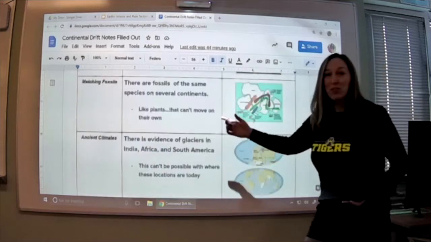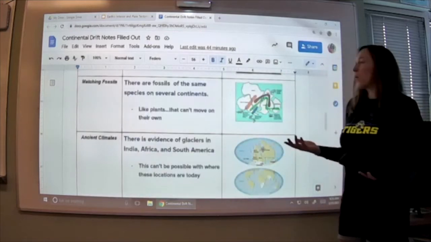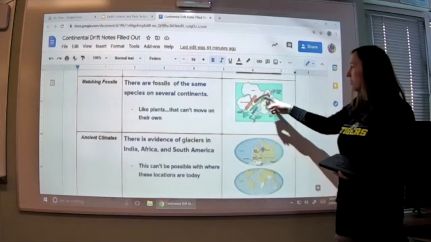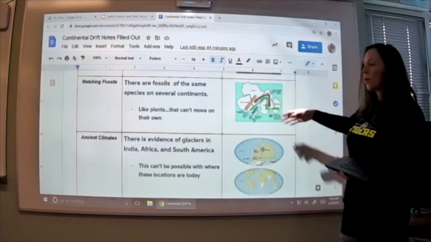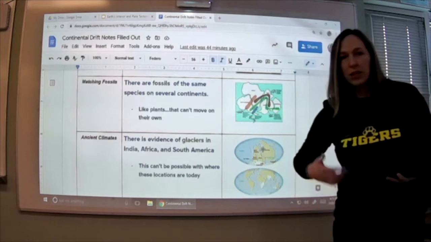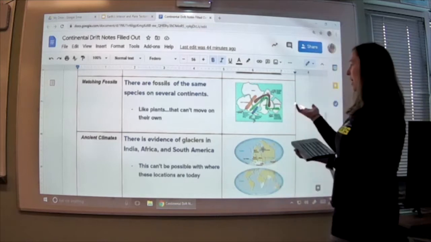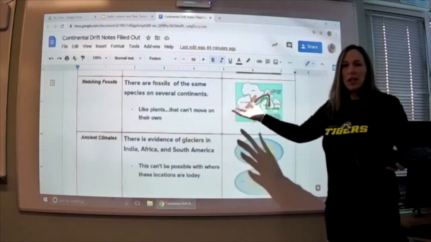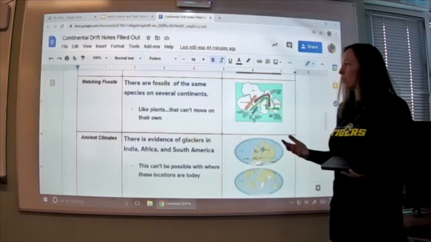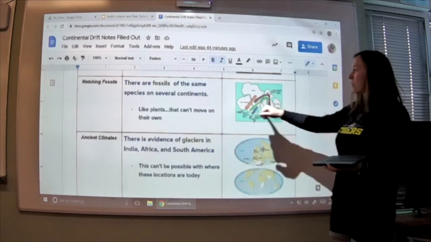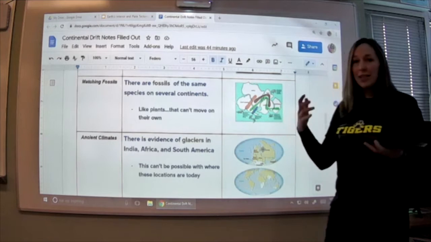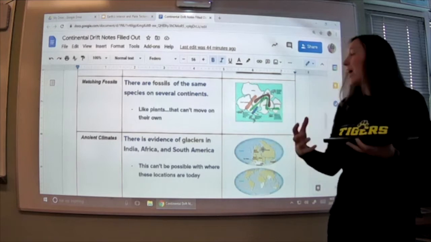Another piece is matching fossils, which is similar to matching rocks. We're talking about organisms that can be found on Australia, Antarctica, Africa, South America, but at a time when plants couldn't move and we didn't have humans flying things around. So those matching fossils on different continents are really good evidence that they were once together.